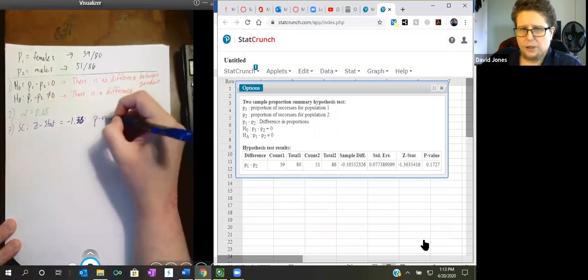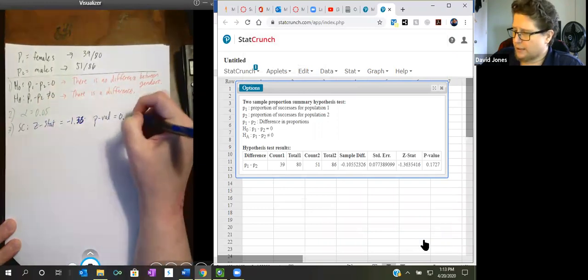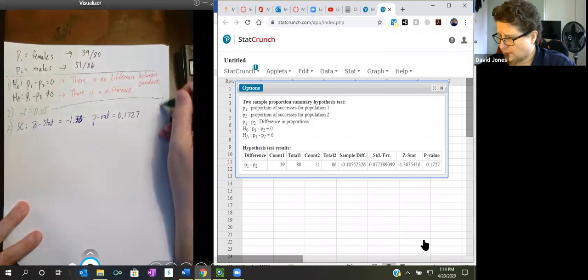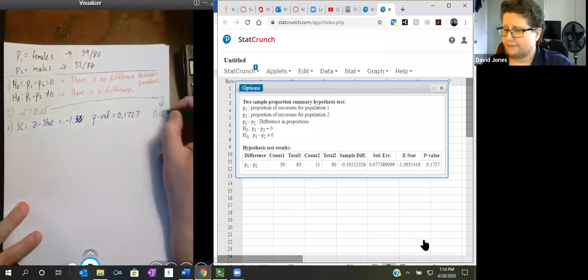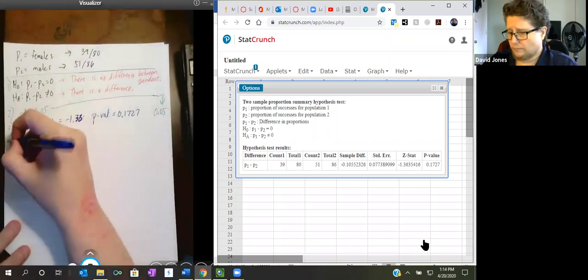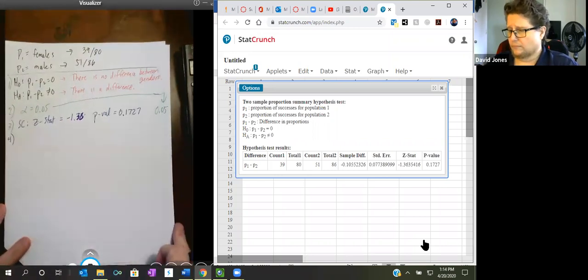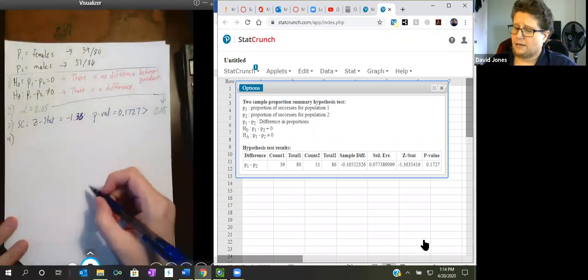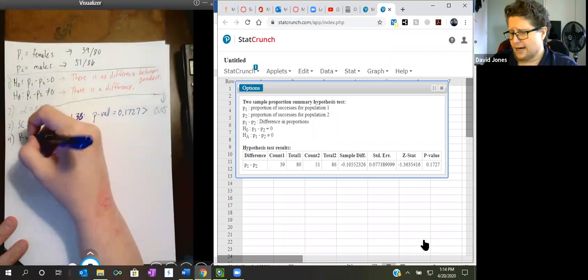My p-value is 0.1727. Alpha is 0.05. Which one is larger? The p-value is. The p-value is not too low.